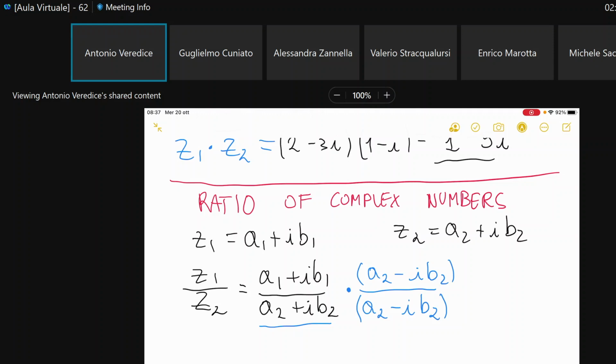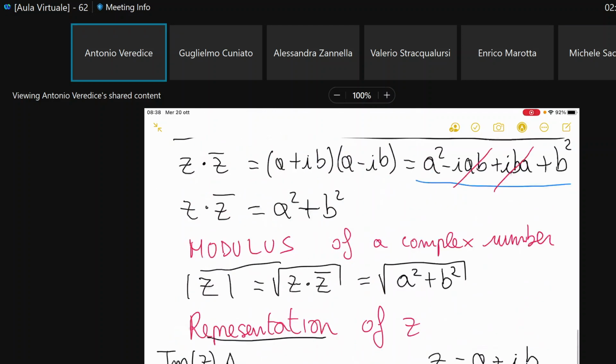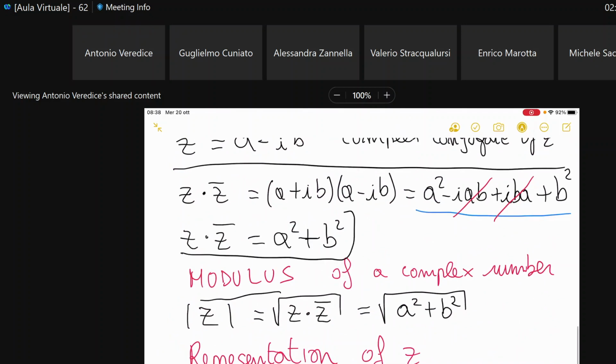The second answer is yes, it is useful, since multiplying A2 plus i B2, so Z2, times its conjugate, as you know, I remind you that this is A squared plus B squared.